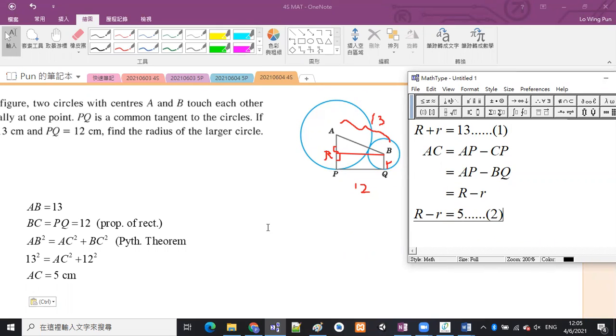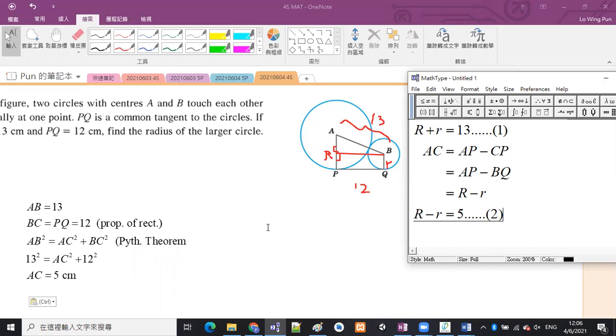So okay, can you follow how I set up equation 1 and equation 2 respectively here? How I use the information given from the question to set up the simultaneous equations. Now if I have equation 1 and equation 2, then I can use the method of elimination. If I add the two equations together, you see that I can successfully cancel out the small r.